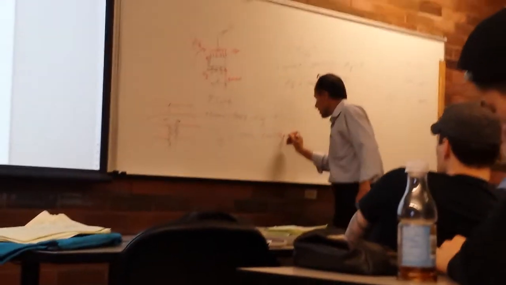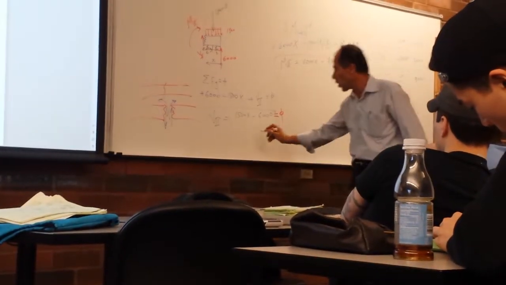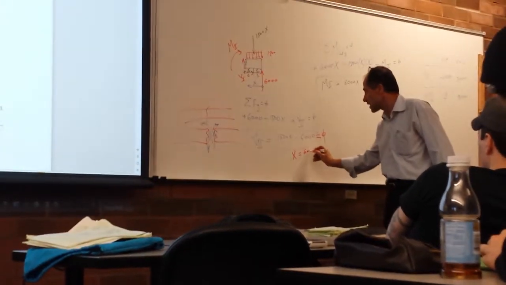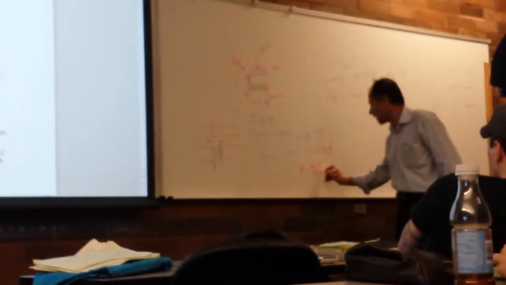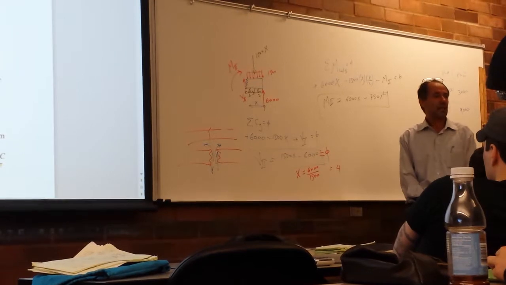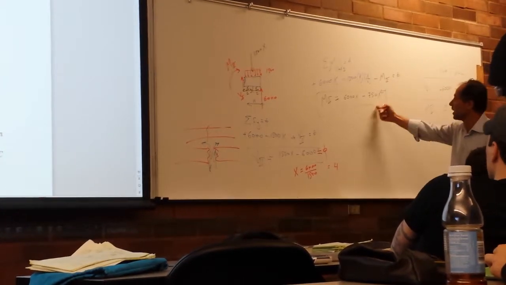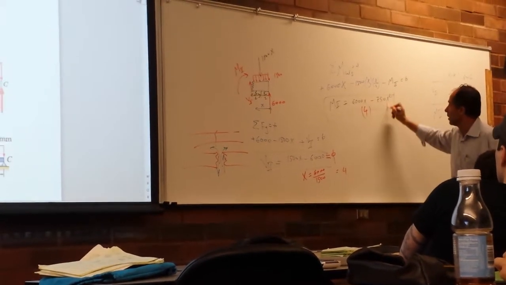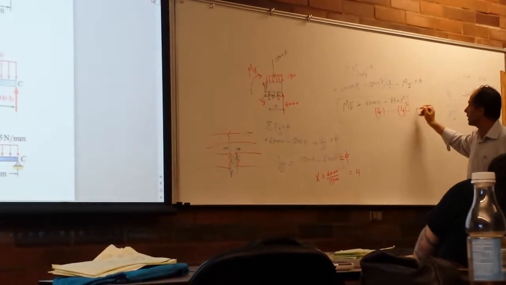Then I go back to the equation of the shear and set it equal to 0, or x equals 6,000 over 1,500. Can you see that? Come here and put 4 here, 4 squared here, and give me the moment in here.